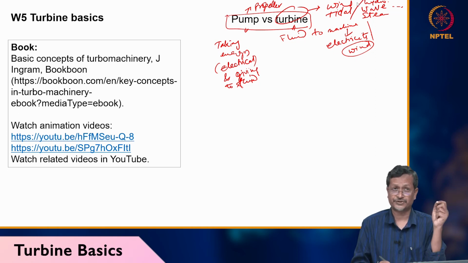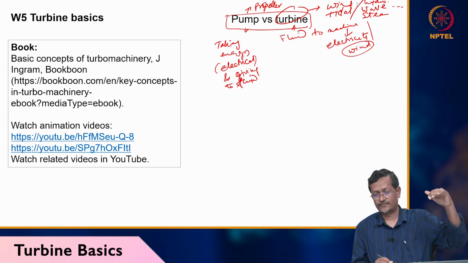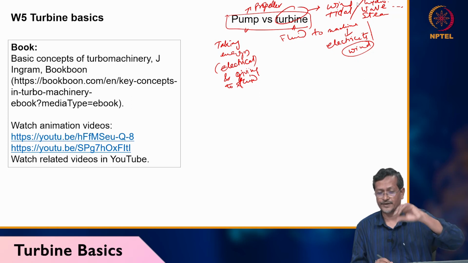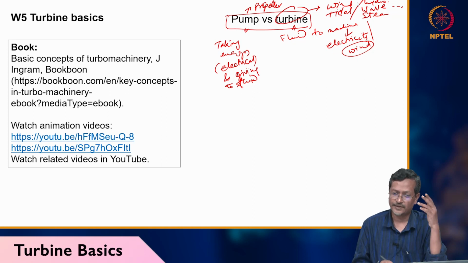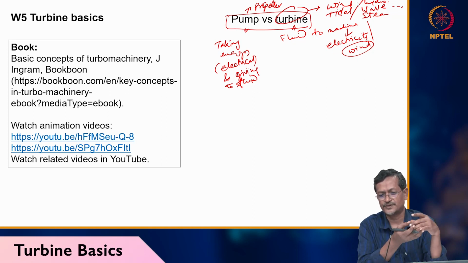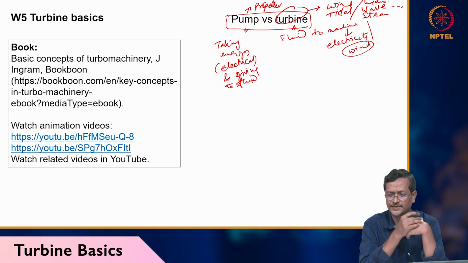National Thermal Power Corporation, National Hydropower Corporation, they will have turbine also, because Thermal Power Corporation will be having steam running turbine. In Hydro Power Corporation, they will have high head coming from river water, so that water will be driving a turbine, so that is called hydraulic turbine. So we will have hydraulic turbine, steam turbine, gas turbines, wind turbines.